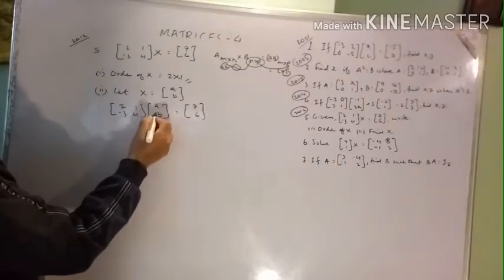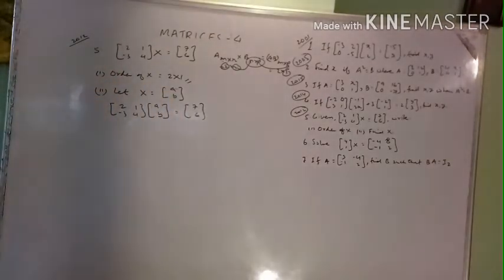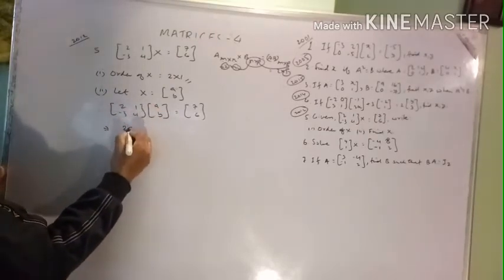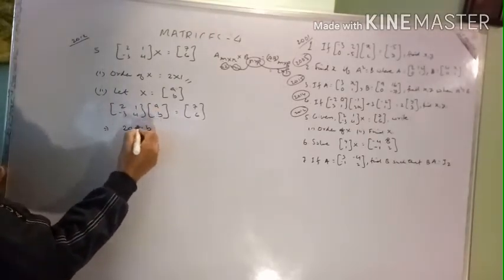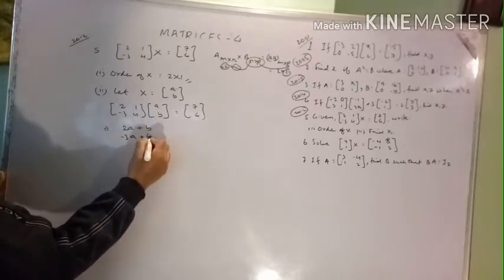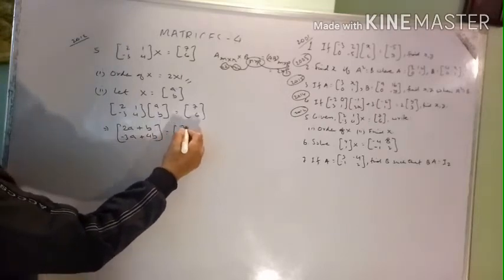Now if we can find the values of A and B, then we have matrix X. Alright, so multiply now. 2 into A is 2A plus 1 into B is B, minus 3A plus 4 into B is 4B, equal to 7, 6.